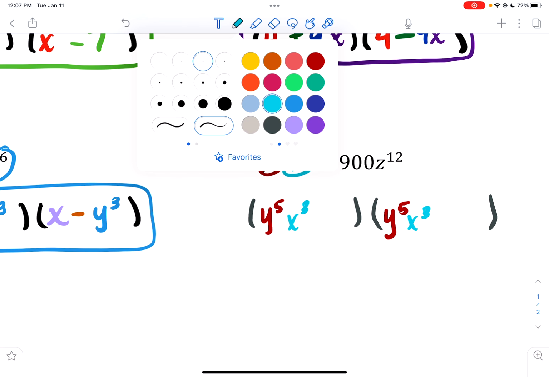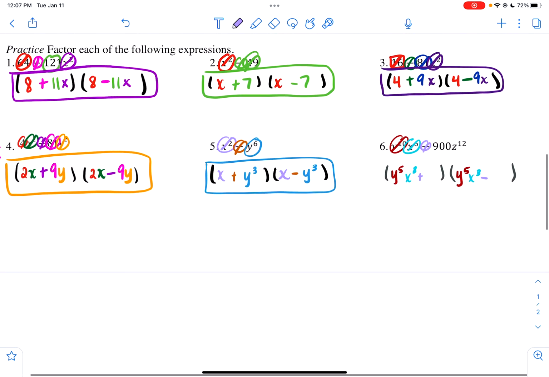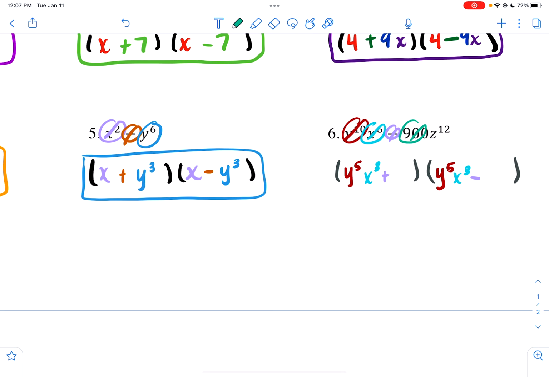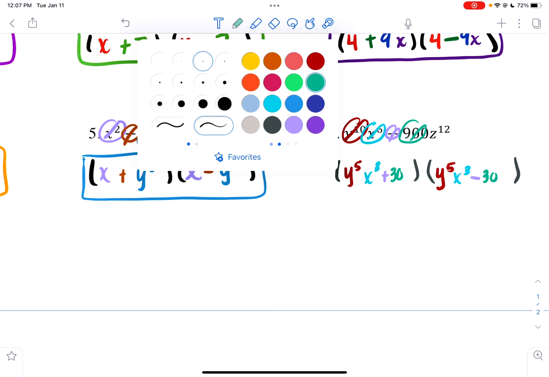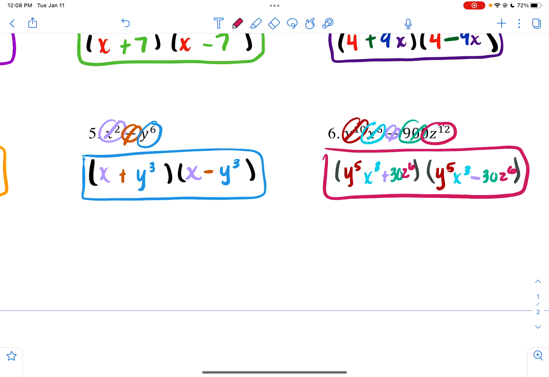Now I do my plus minus. What makes 900? Well, it's 30. And then what makes z to the 12th? Well, divide by 2. I get z to the 6th. And that's my final answer.